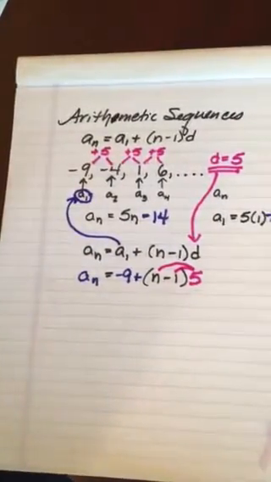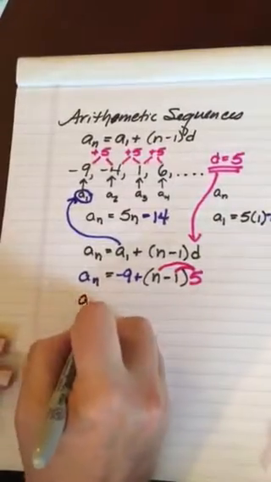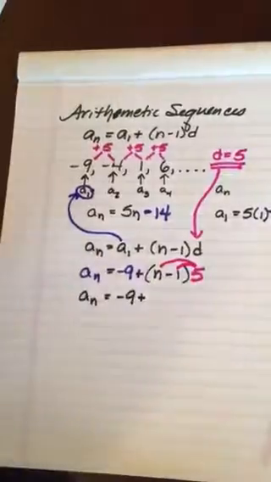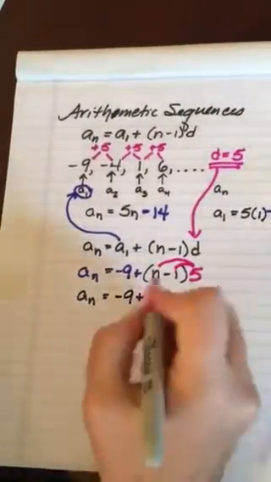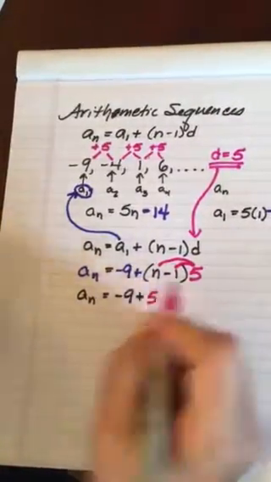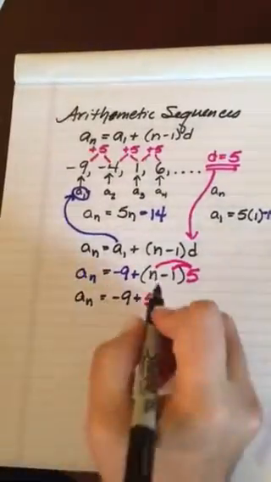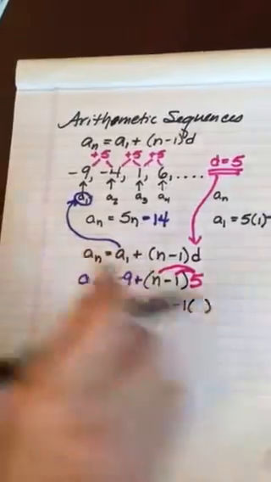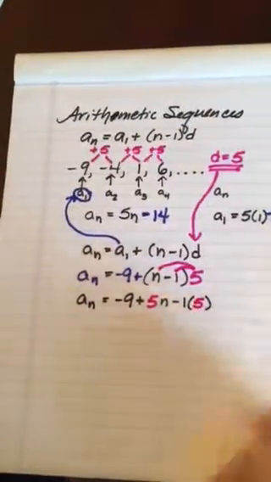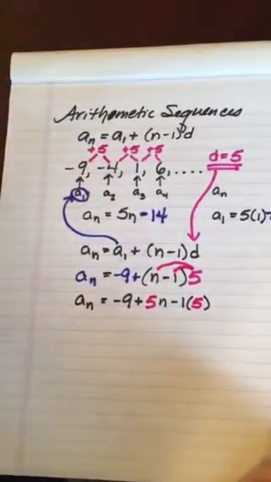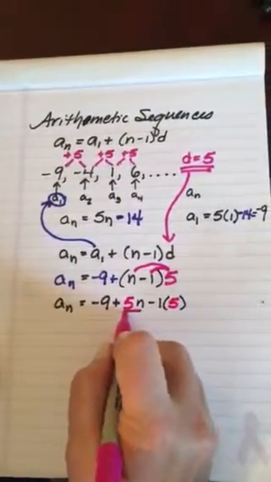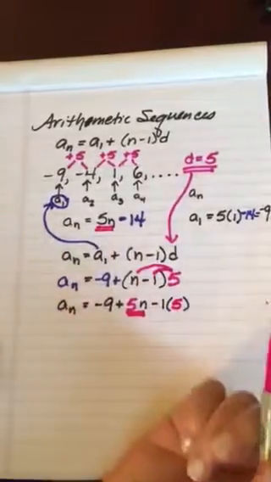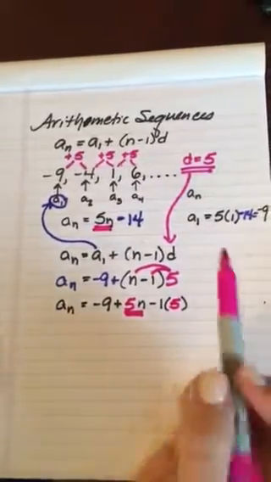So I get a sub n equals -9 plus, maybe a little tricky here, 5 times n minus 1 times 5. Look at that. There's our 5n. We know, let's look back up here, we need 5n, so that's where that comes from in the formula.